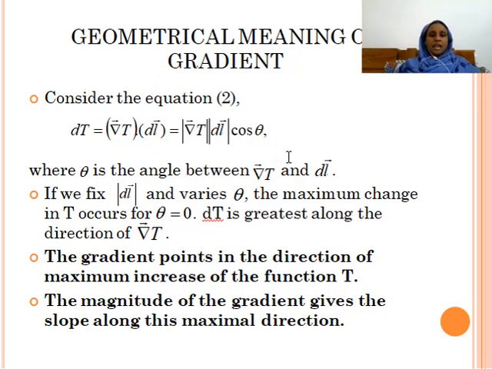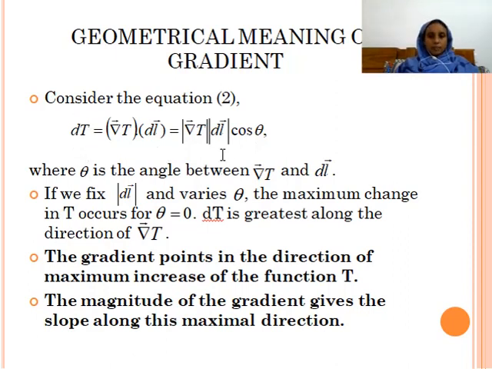For that, assume that this infinitesimal distance is fixed. That means this mod dl is a constant. And now we try to vary theta such that we get the maximum change dT.